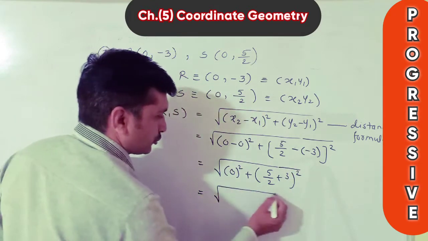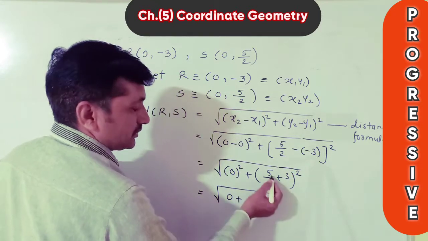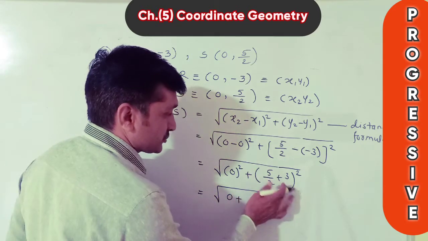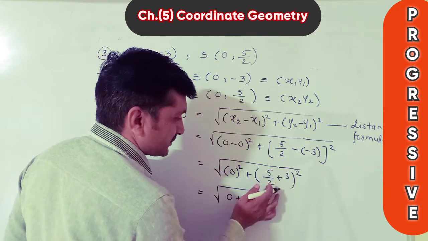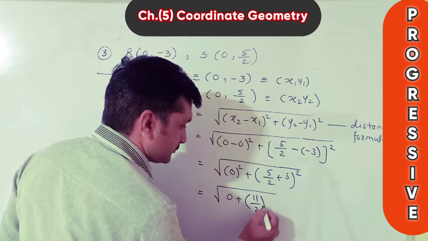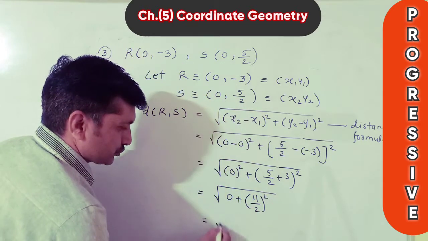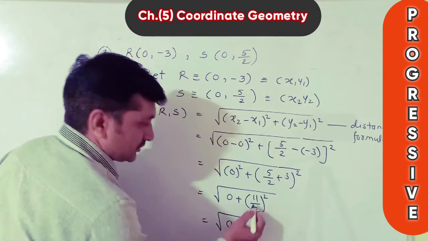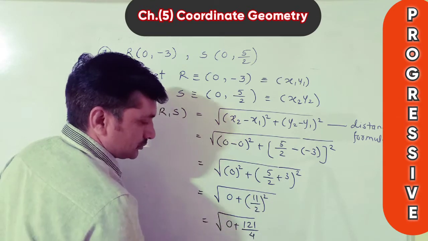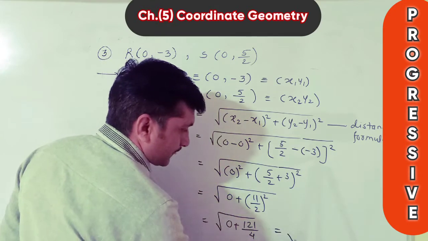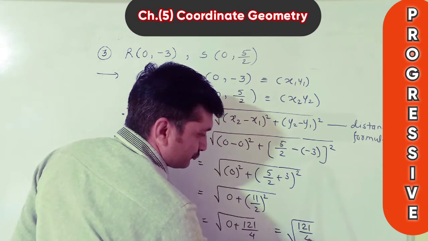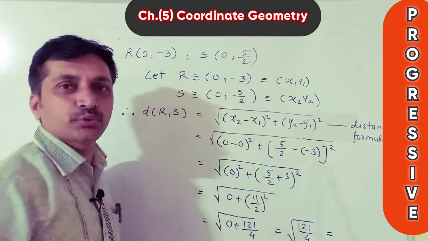Square root of (0 minus 0) bracket square plus in bracket (5 upon 2 plus 3) bracket square is equal to square root of 0 square 0 plus, now here cross multiplication, denominators are different, 5 1s are 5 plus 3 2s are 6, 6 plus 5, 11 upon 2 bracket square. 121 upon 4, and both are perfect squares.